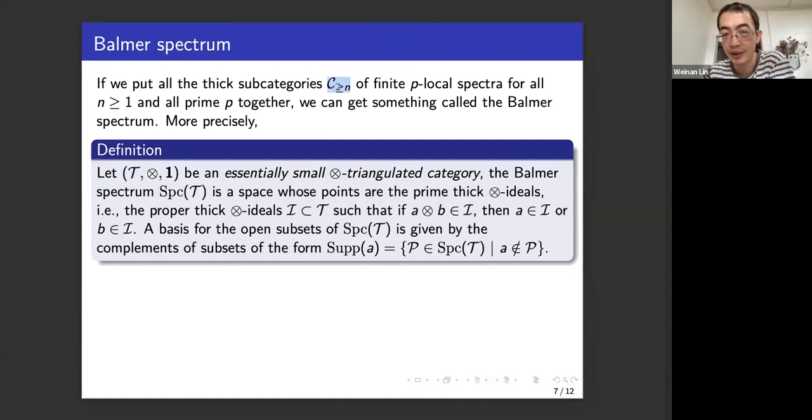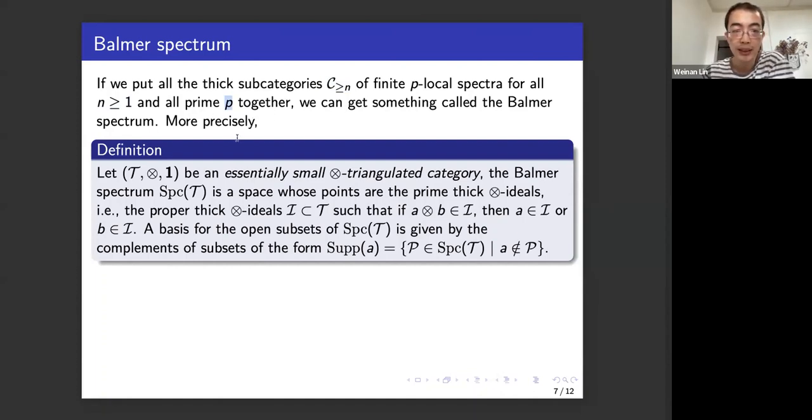So for each prime P we can define a C greater than or equal to N. And if you put all of them together for all N greater than or equal to 1 and all P together, then we can get something called the Balmer spectrum.